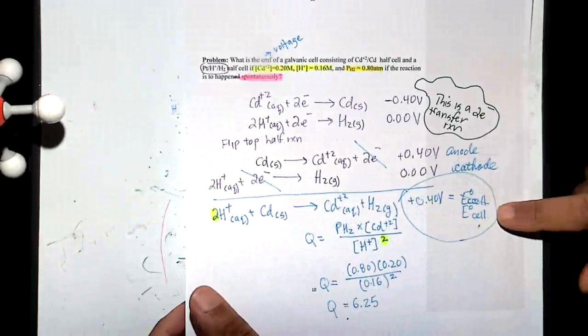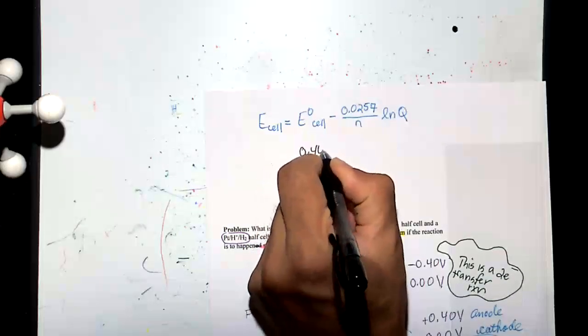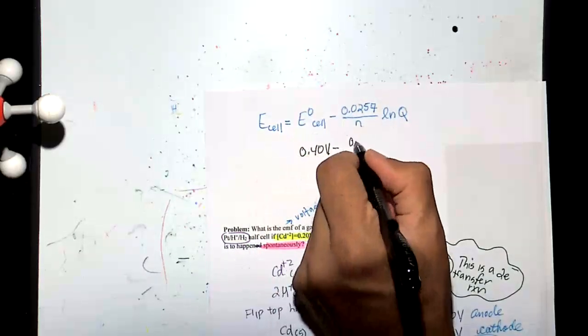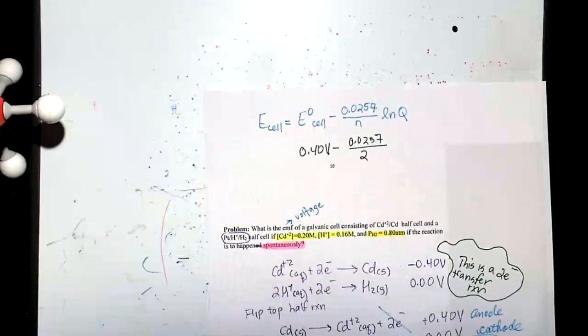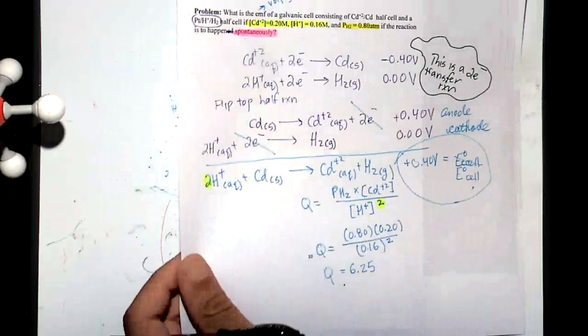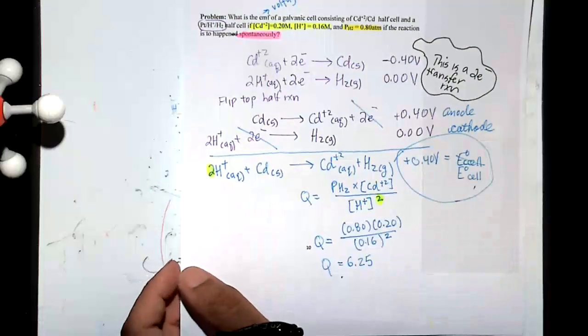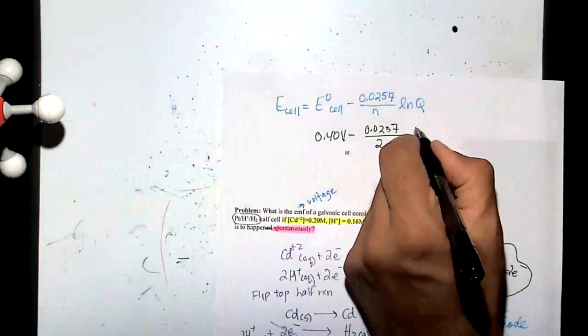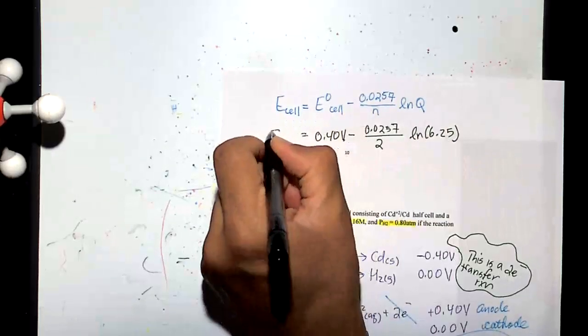So we calculated Ecell here to be positive 0.40 volts minus 0.0257 divided by n, which is 2, times natural log of Q. It's products over reactants. I got 6.25, so natural log of 6.25.